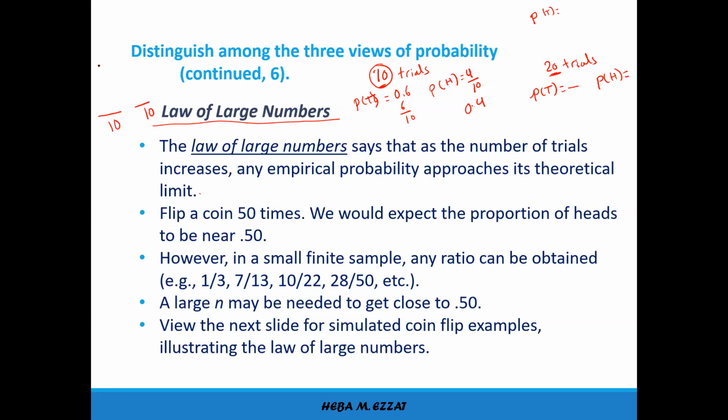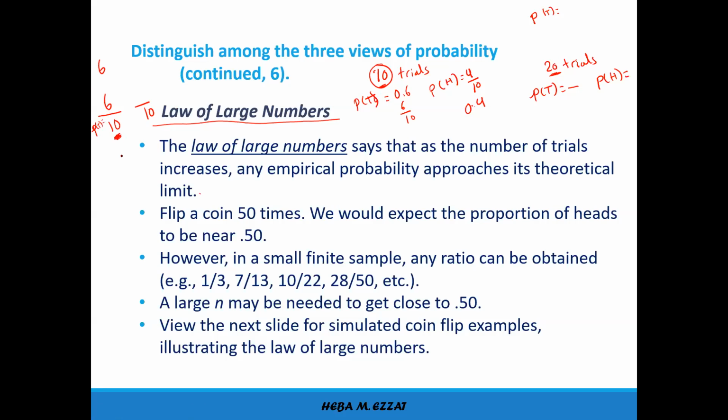We have 6 outcomes out of 10 that were the tail or the head, I can't remember. It was the tail. So 6 times out of the 10 we got the tail, and the probability of getting the tail equals 6 divided by 10.